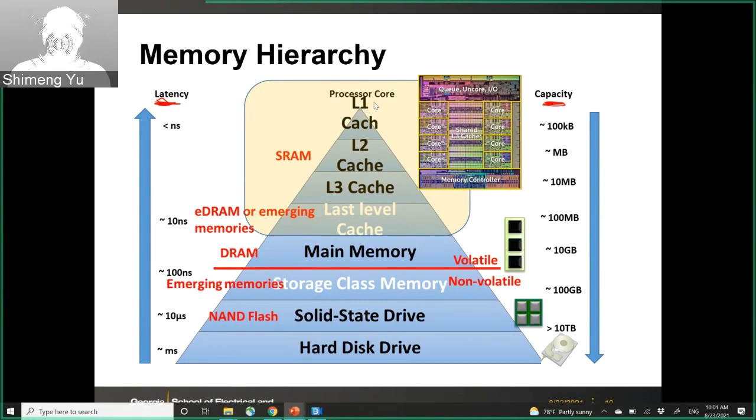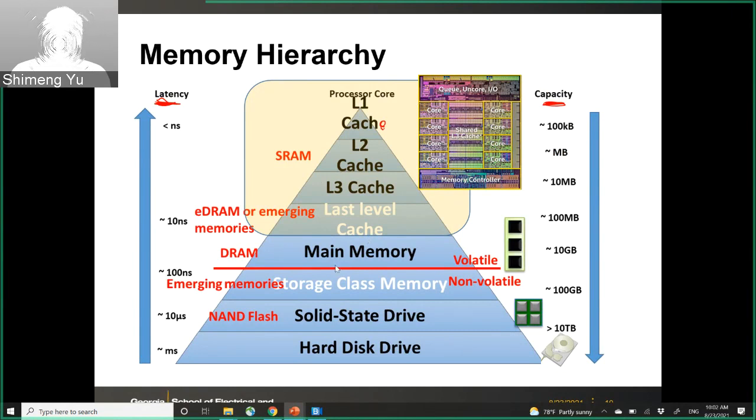But then the core needs to take the data from the memory. At the first level, it will take the data from the L1 cache, and then we will have L2 cache and L3 cache. Sometimes we may have a last level cache. Those caches are the memories on chip, also called embedded memories because they are on the same chip as the processor.